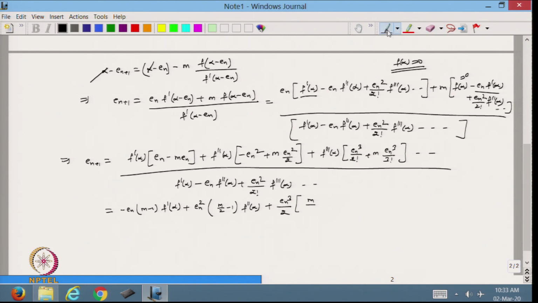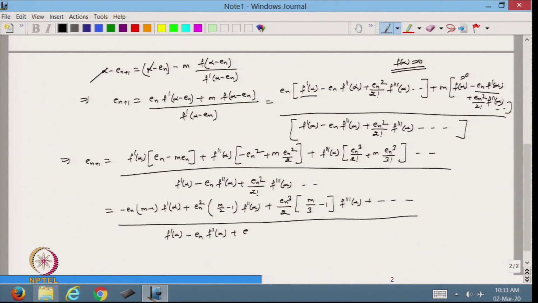So, this one I can write as 3 minus 1 f triple dash alpha. And from here my f dash alpha minus E n f double dash alpha, this one.